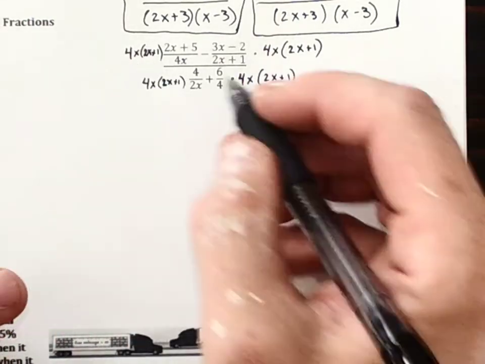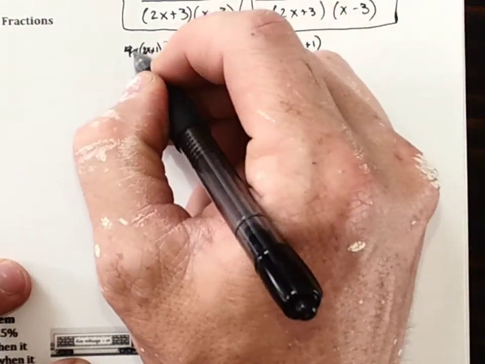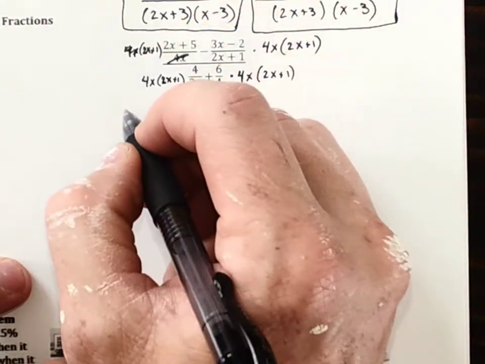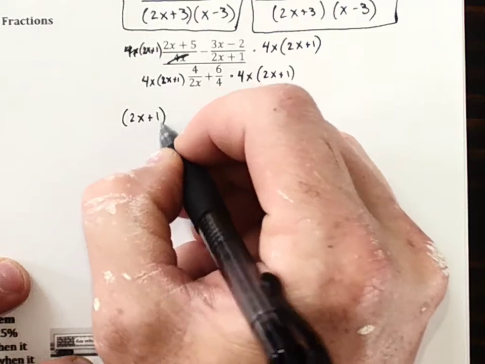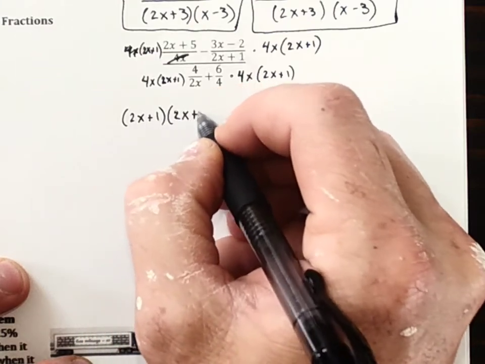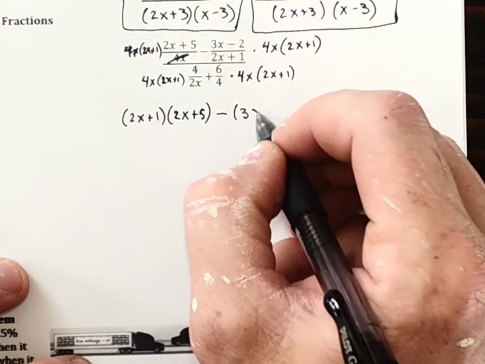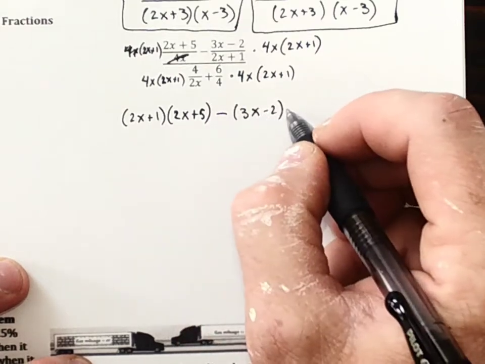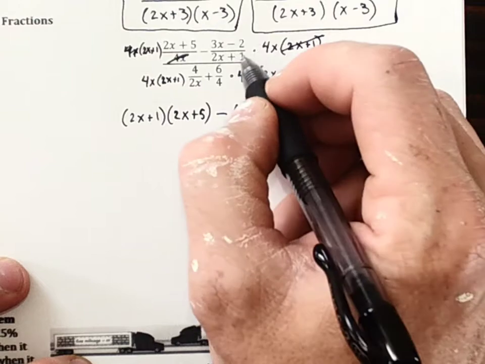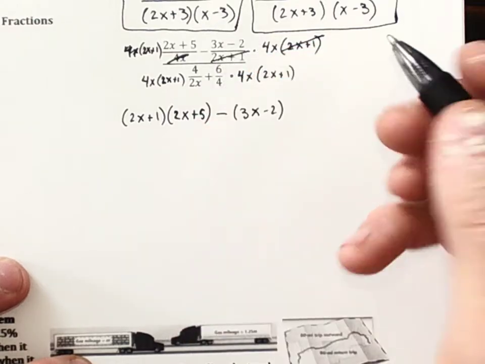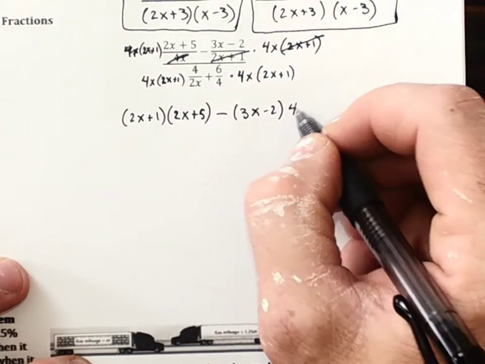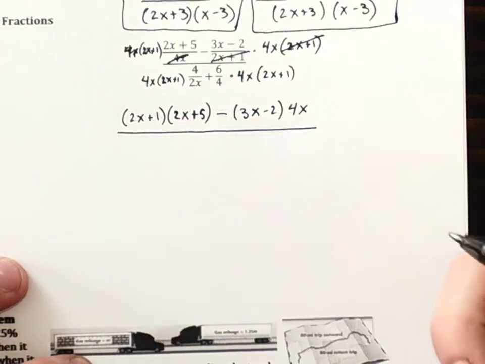Then I can multiply it. This 4x gets rid of that 4x, leaving me just 2x plus 1 times 2x plus 5 minus a 3x minus 2 times the 2x plus 1 gets rid of the 2x plus 1. So the only thing left is 4x divided by.